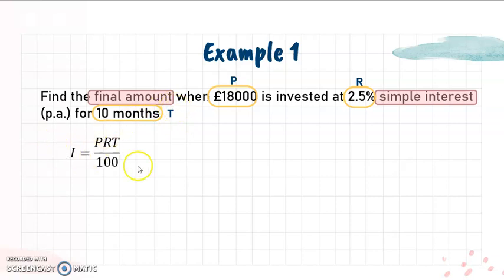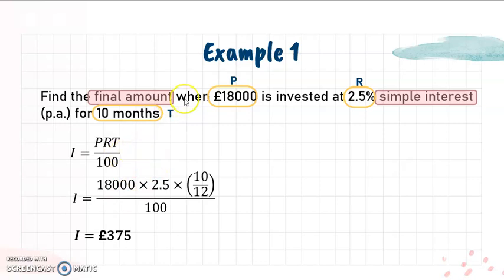Next, you apply this formula. Interest is equal to PRT divided by 100. After that, you insert all those values according to this formula. Since T should be in years and it is given as 10 months, you have to do 10 out of 12. Then the interest you get is £375.